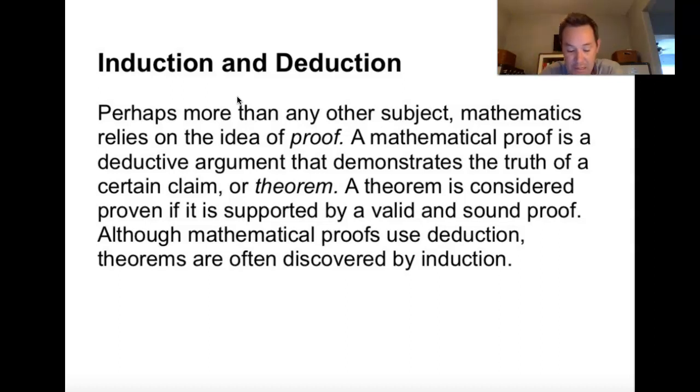So mathematics relies on the idea of proof. A mathematical proof is a deductive argument that demonstrates the truth of a certain claim or theorem, and a theorem is considered proven if it's supported by a valid and sound proof. So mathematical proofs use deduction. Theorems are often discovered by induction, meaning a mathematician will start seeing a series of patterns.